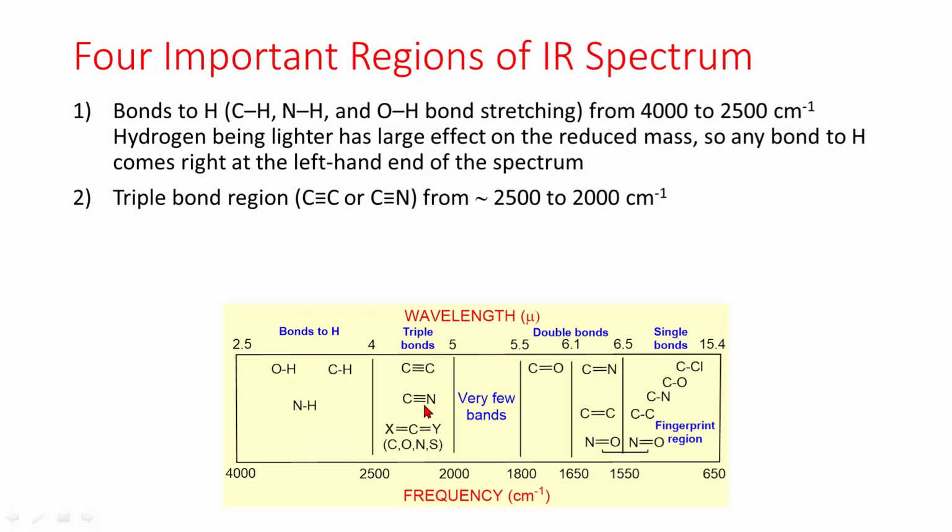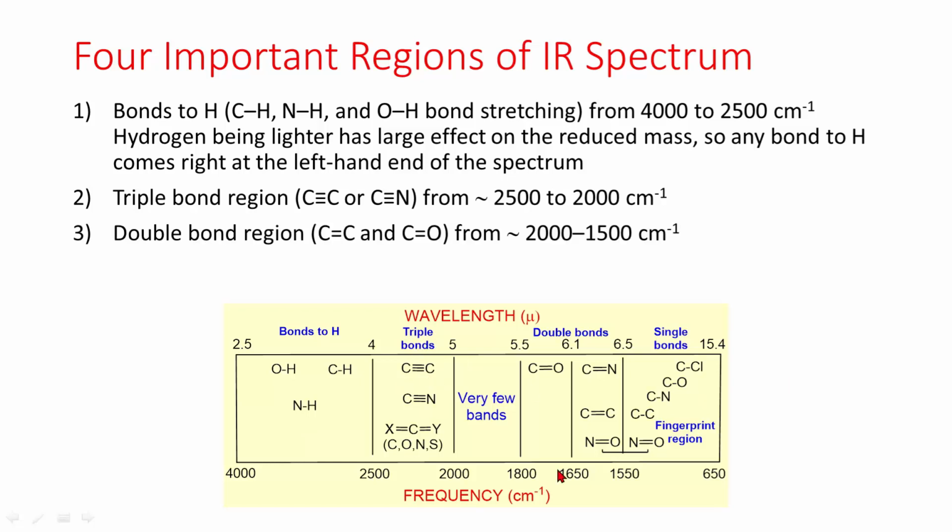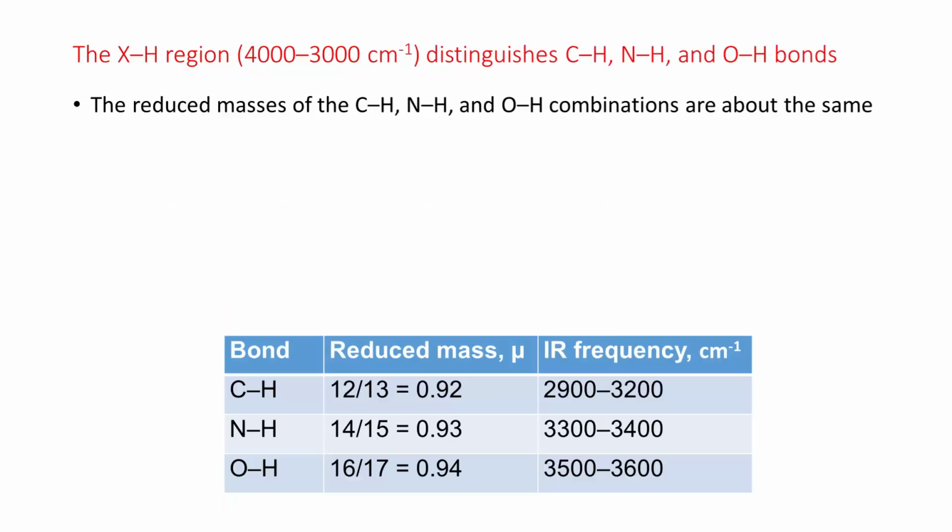Triple bond region, double bond region from 2000 to 1500 centimeter inverse, and single bond region below 1500 centimeter inverse. The XH region distinguishes CH bond, NH bond and OH bonds. If we see the reduced mass in case of CH, NH and OH combinations, those are about the same.